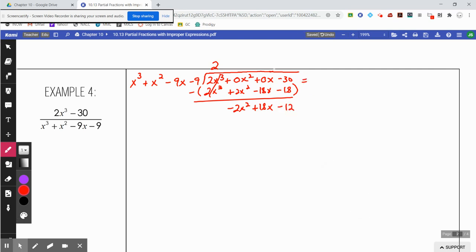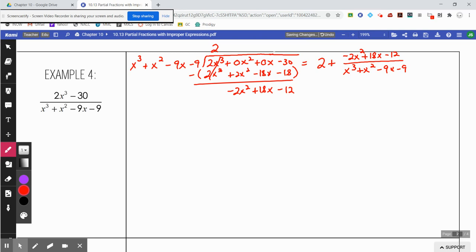So what we have now split our expression into is 2 plus the remainder, which is a -2x squared plus 18x minus 12 over what you divided by, which is x to the third plus x squared minus 9x minus 9. So this was a little bit trickier.